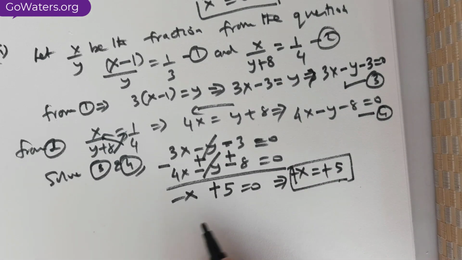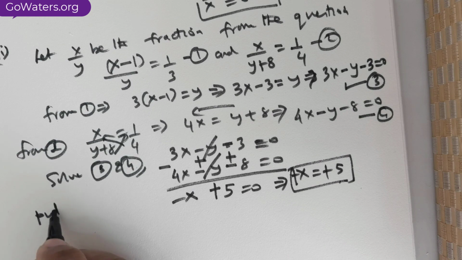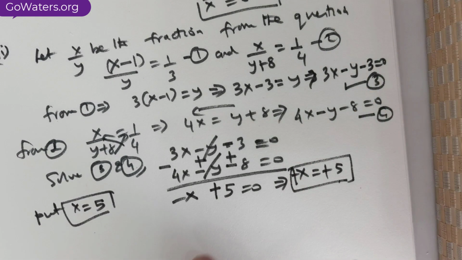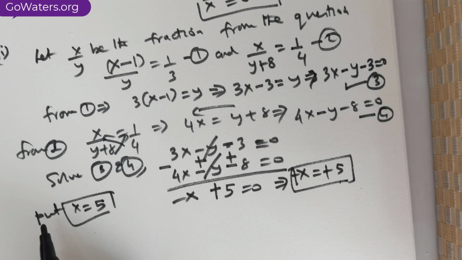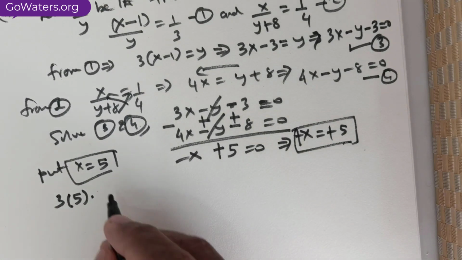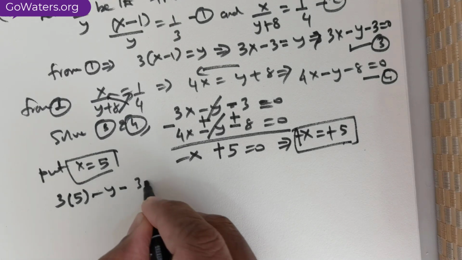This is the value. Now put X is equal to 5 in 3. You can choose 3 or 4 depending upon your choice. I am choosing 3, so in place of X I substitute 5, and you got 3 times 5 negative Y negative 3 is equal to 0.